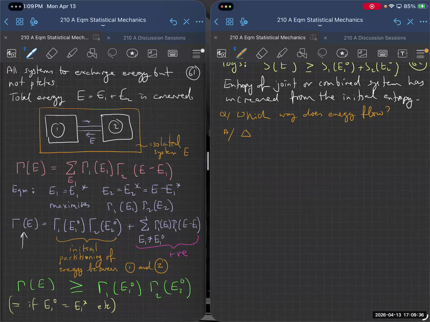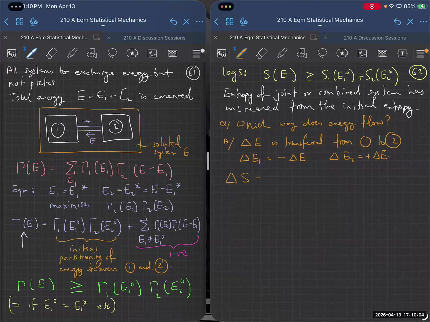So let's suppose that delta E is transferred from system 1 to system 2. Then delta E1 is equal to minus delta E, and similarly, delta E2 is equal to plus delta E. So the total change in the entropy in doing that is dS1/dE1 times minus delta E plus dS2/dE2 times plus delta E. Plus delta E because energy has gone into system 2, minus delta E because energy is taken out of system 1.